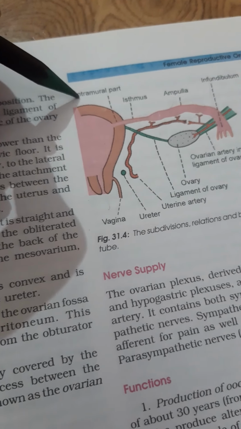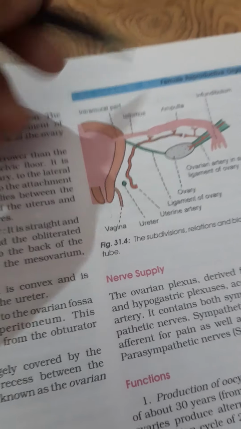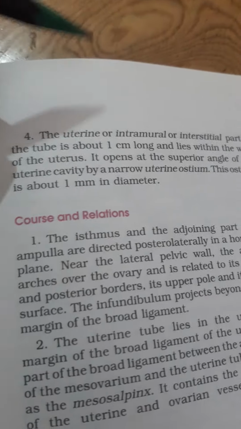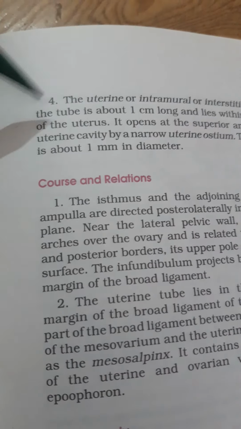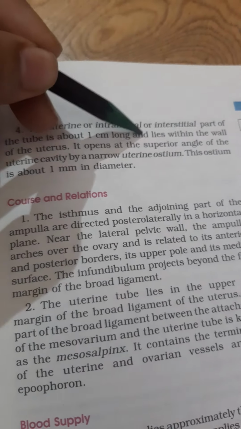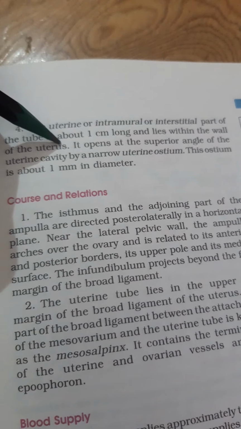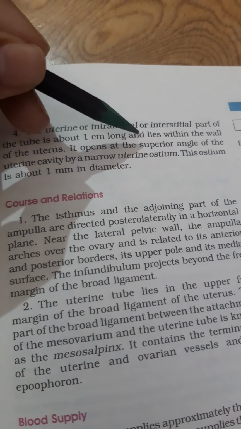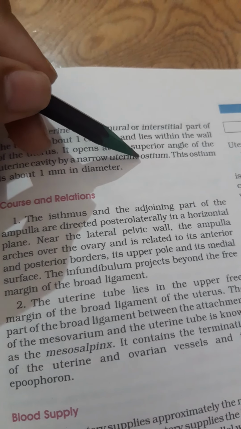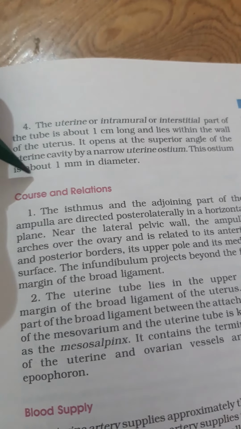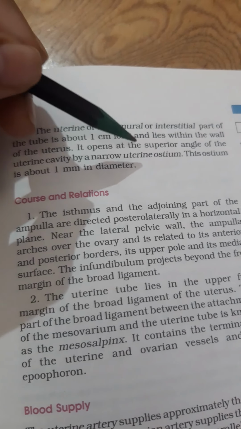The next part is the intramural part. What is the intramural part? The uterine or the intramural or the interstitial part of the tube is about 1 centimeter long and lies within the wall of the uterus. It opens at the superior angle of the uterine cavity by the narrow uterine ostium. This ostium is about 1 millimeter in diameter.